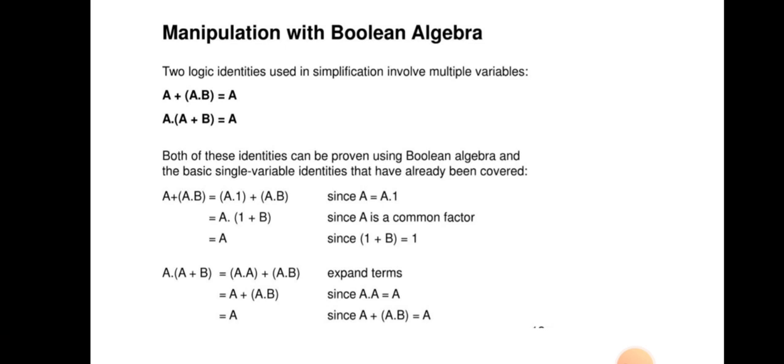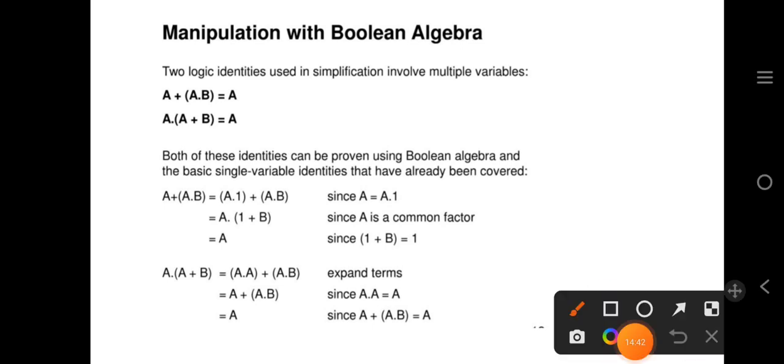Now we will see the second equation, A dot in bracket A plus B equals A. For this purpose we have taken the left hand side, A dot A plus B. Now again here we have multiplied the bracket with A. So the first term will be A multiplied by A, plus A dot B. We have simply expanded the term.